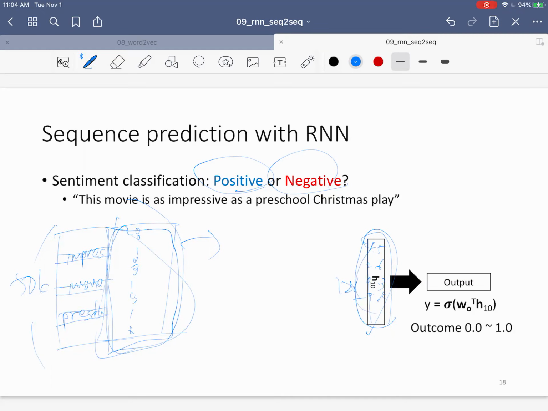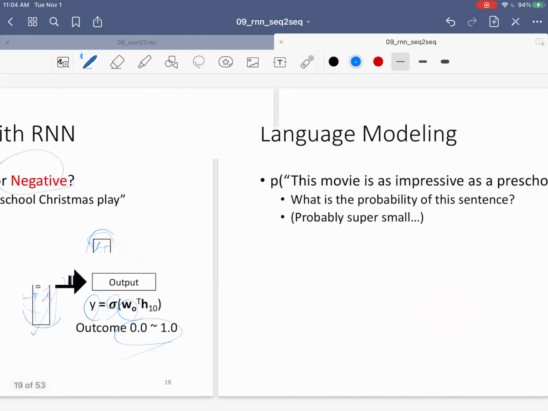So we have a way more compact representation of our sentence. And then using the sentence, we do a logistic regression. We have logistic regression weights, and then a sigmoid activation function, and then you get y, whose range is between 0 and 1. So basically that's it.